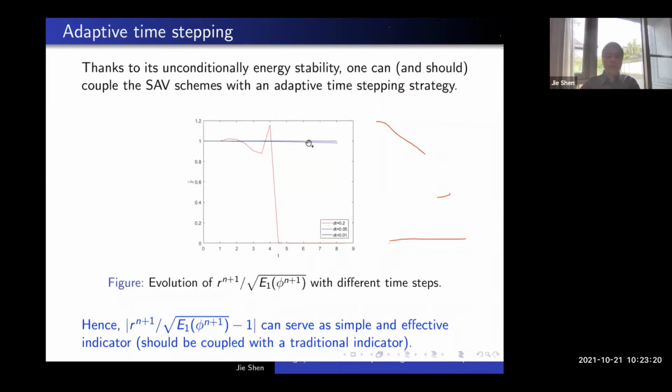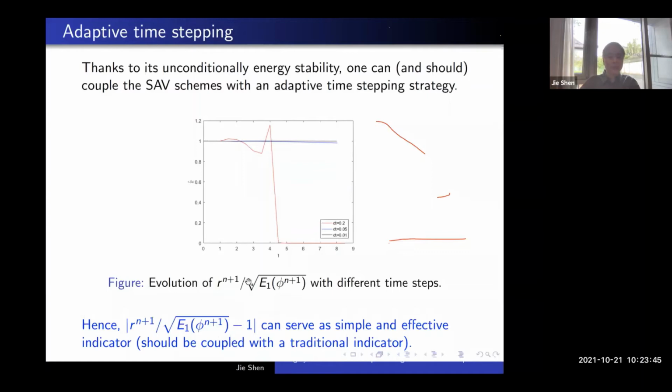If the time step is small, it is going to be very close to 1, and this is good. But if you choose a large time step, it may go away from 1. Once it goes away from 1, it simply means your numerical scheme is not accurate. It is still stable, but it's not accurate.